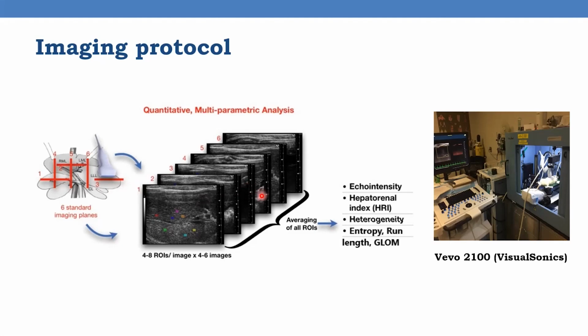These images are used for quantitative analysis, so we place about 6 to 8 regions of interest. From these regions of interest, we extract quantitative features that describe the echo intensity and the texture features of the liver. Of course, the presets during the imaging sessions were kept fixed, and we used the VisualSonics Vevo 2100 in all of our animal studies.